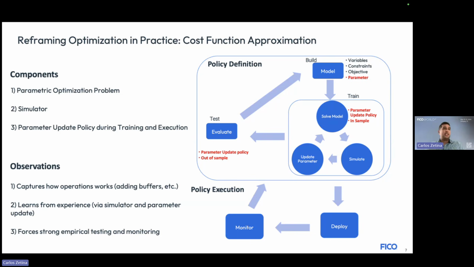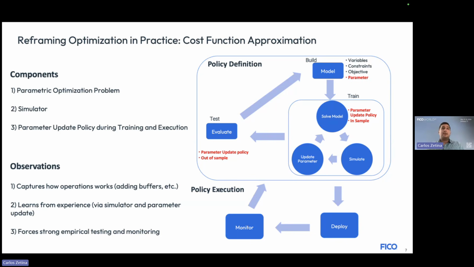Some key observations here: this is exactly how operations work. More often than not, operators will look at the input data and make manual adjustments. Most systems allow for this. The reason for it is they have outside information or they have beliefs that they want to see reflected in the data.